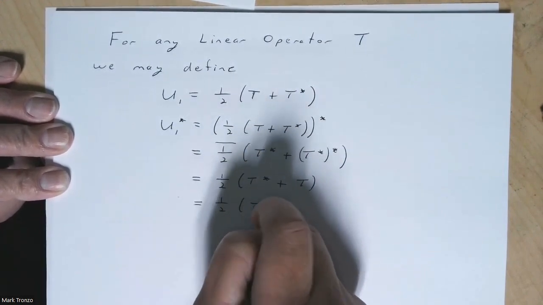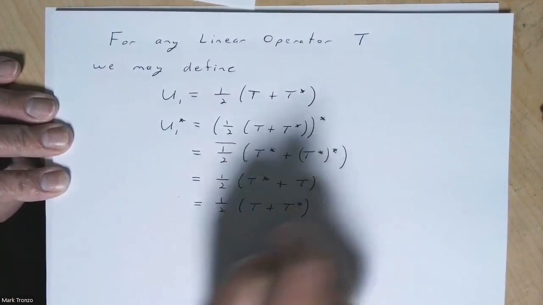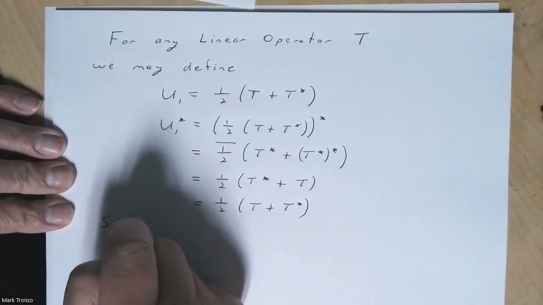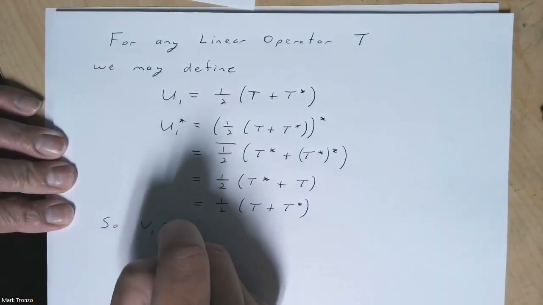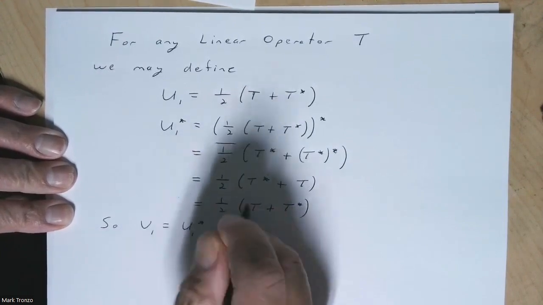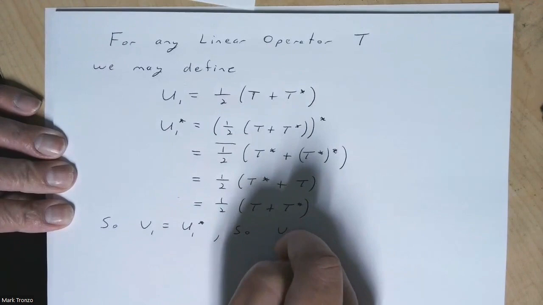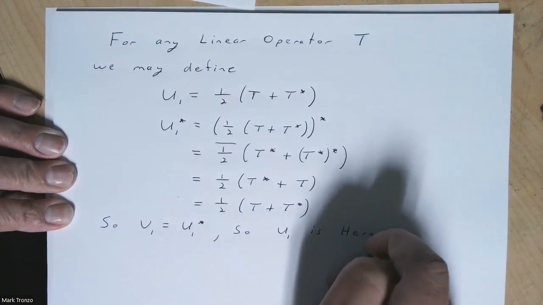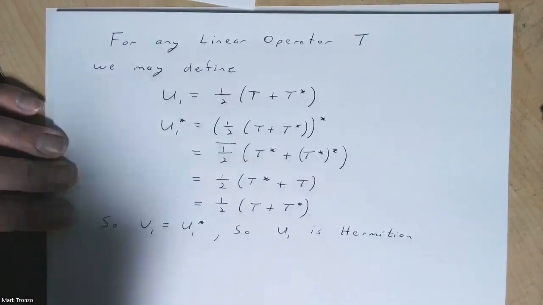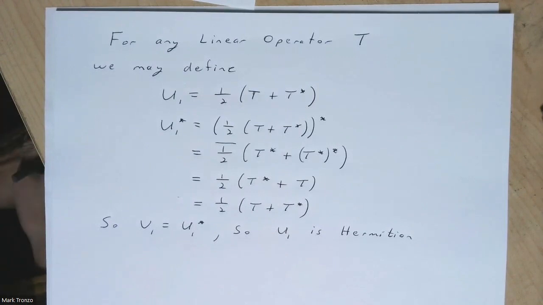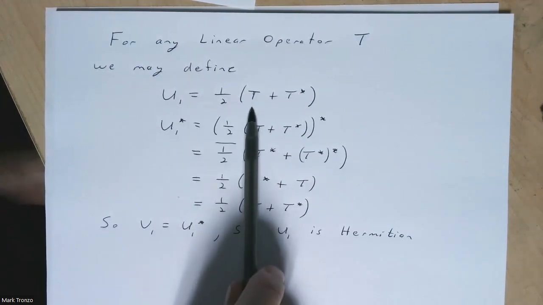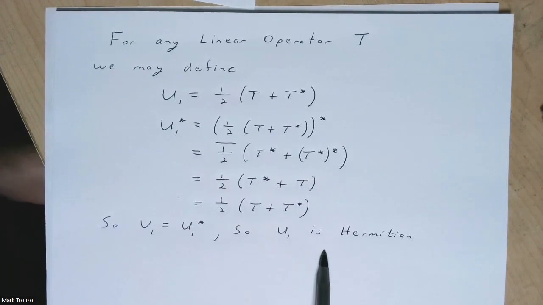And so we have T. So u1 is equal to its adjoint. So u1 is Hermitian. Anytime you have a linear operator, you can create this linear operator and it will be Hermitian.